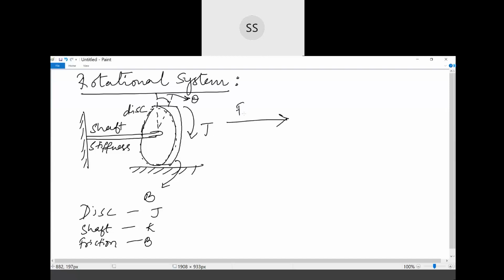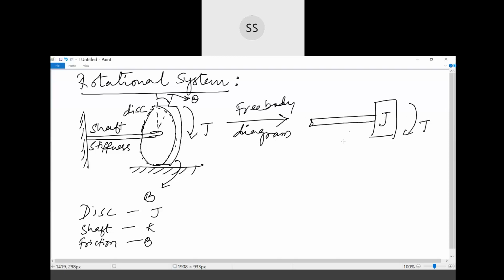Next we are going to write a free body diagram. In the free body diagram, we are representing a shaft like this, and this will be attached with the J. The torque T is applied.